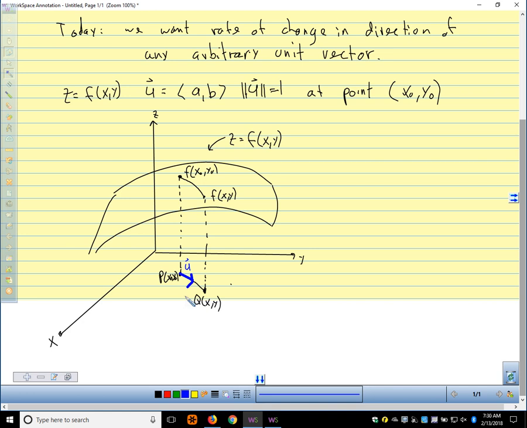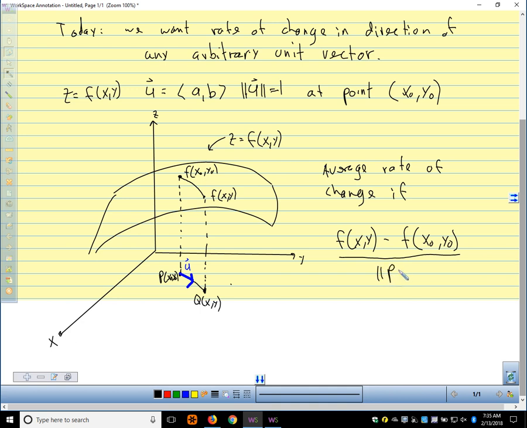So the average rate of change as we move in that direction is just the difference in the function value, f of x, y, minus f of x0, y0, over the magnitude of PQ.